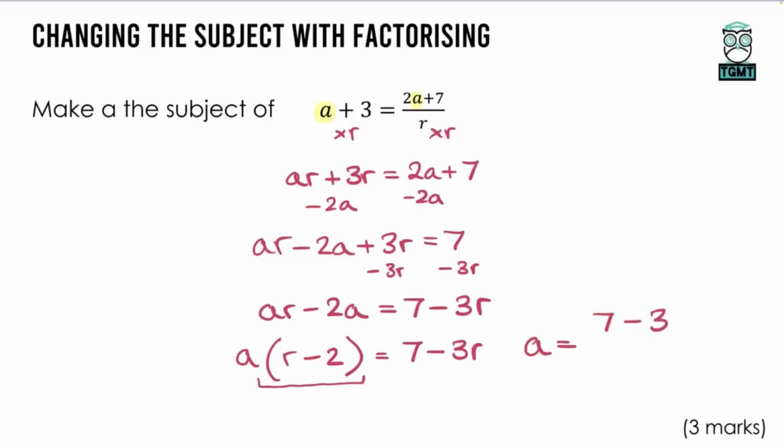So we have 7 minus 3r all over, and it's up to you at this point. You can leave it in the bracket or you can remove the bracket, but we have r minus 2, and there we go, and that would be our final answer. A is now the subject, and a does not appear anywhere else within this. So there we go, that is changing the subject with some factorising.